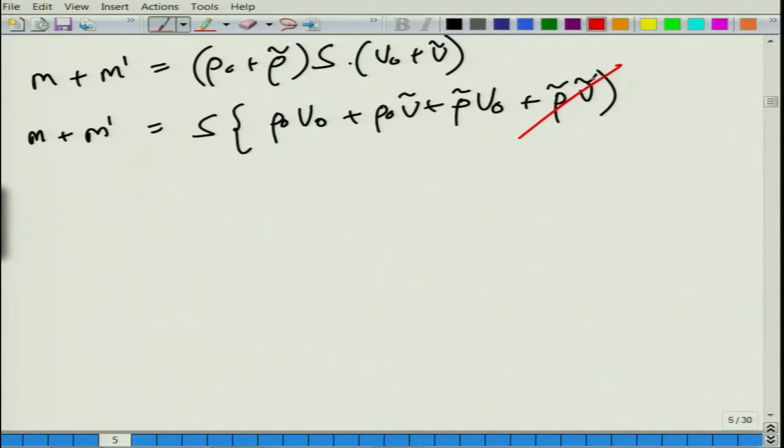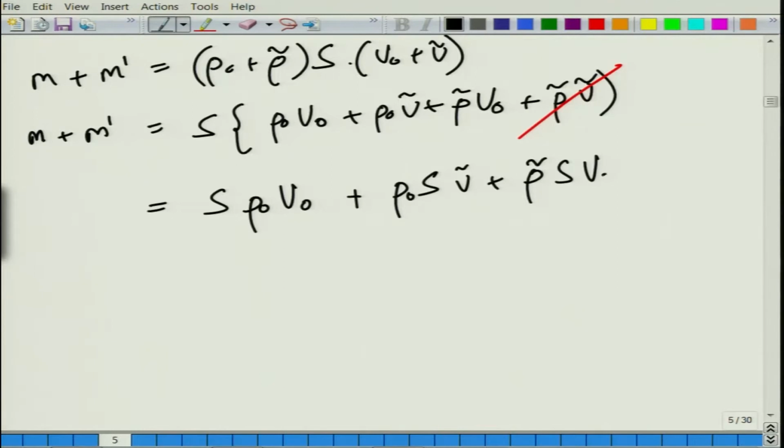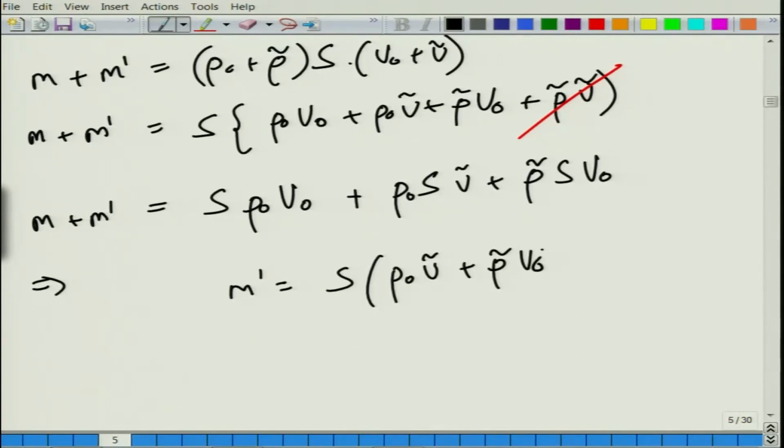Again we will ignore the second order term, and taking S common, we have rho naught u tilde and rho tilde u naught.